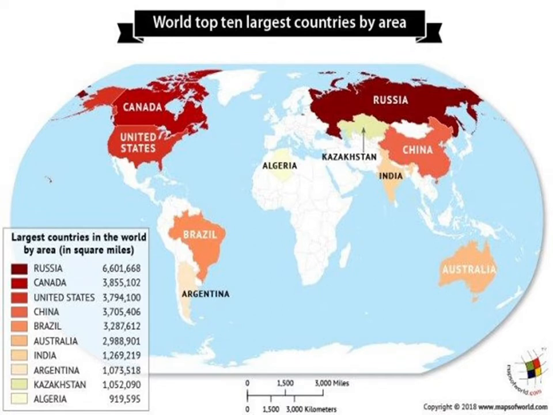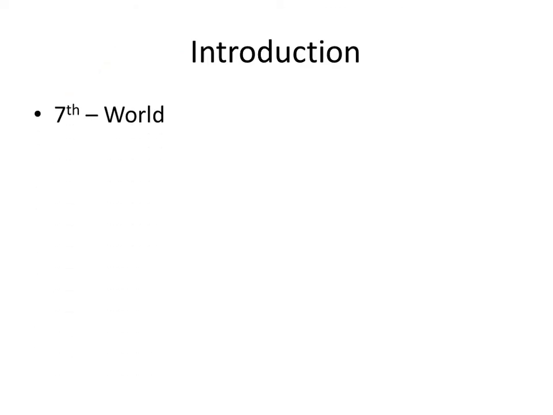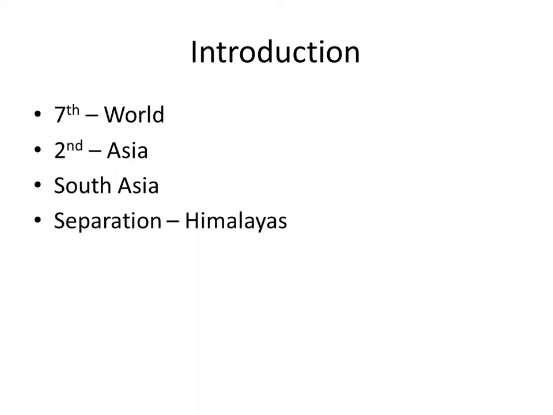By India's size, you can see India is one of the world's largest countries, and it stands seventh. It is the seventh largest country in the world and second in Asia, and India lies south of Asia. India is separated from the rest of the continent by the Himalayan mountains.